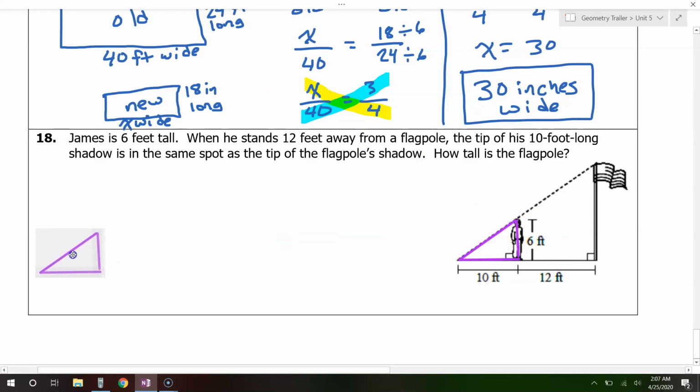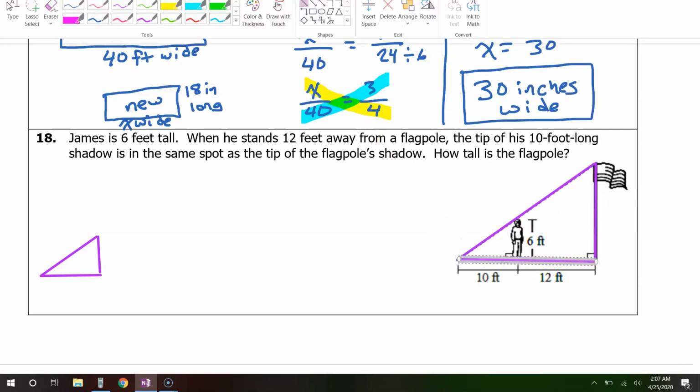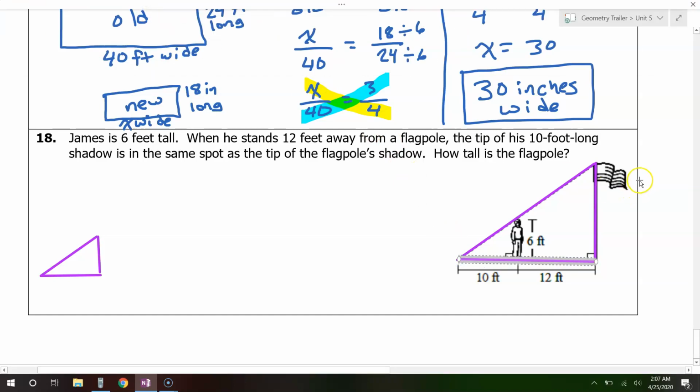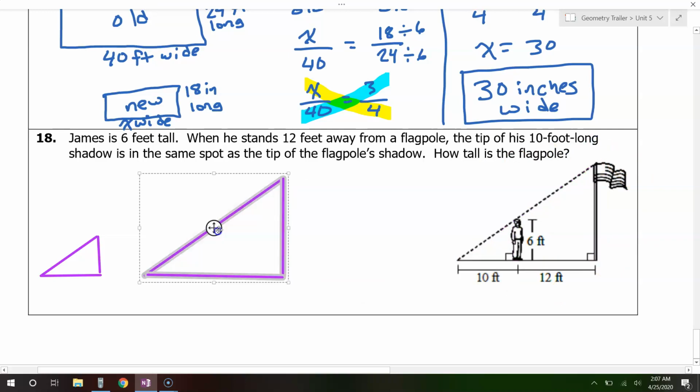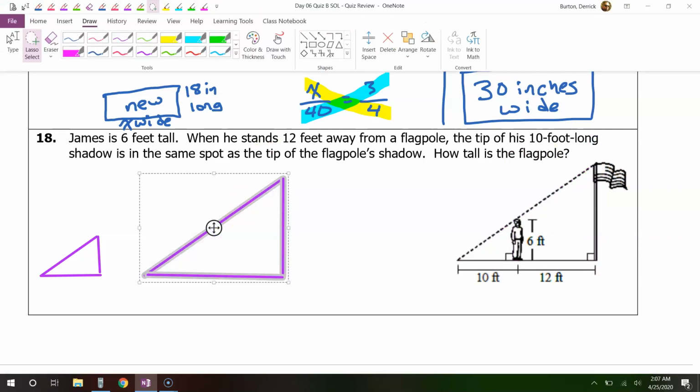Okay, so here's the small triangle. Now I'm going to do the same thing and trace the big triangle. Whenever you have overlapping triangles, almost always the best thing to do is to draw them separately. It just makes it easier to see what's going on.